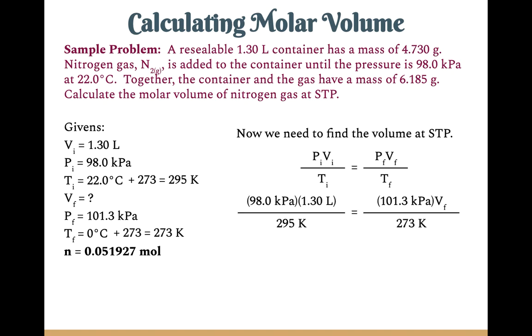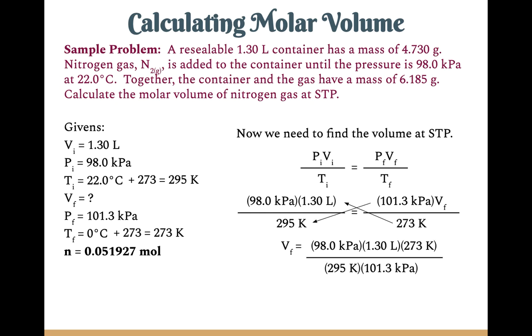So we're going to plug in all the values that we have with our VF as an unknown, and then we're going to isolate VF by cross multiplying the 273 across to the other side, and then bringing the 101.3 down into the denominator on the other side. So we get that VF is 98 kilopascals times 1.3 liters times 273 Kelvin, divided by 295 Kelvin, and divided by 101.3 kilopascals.